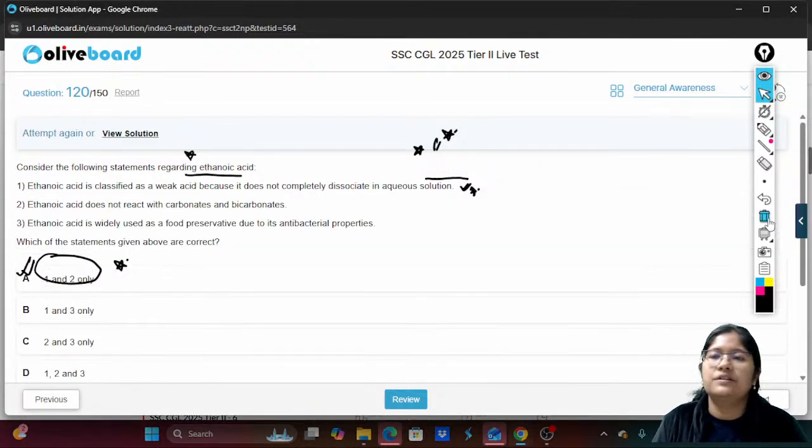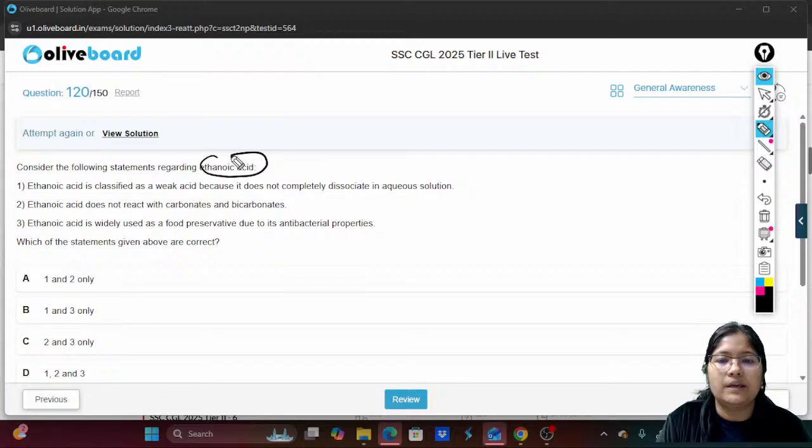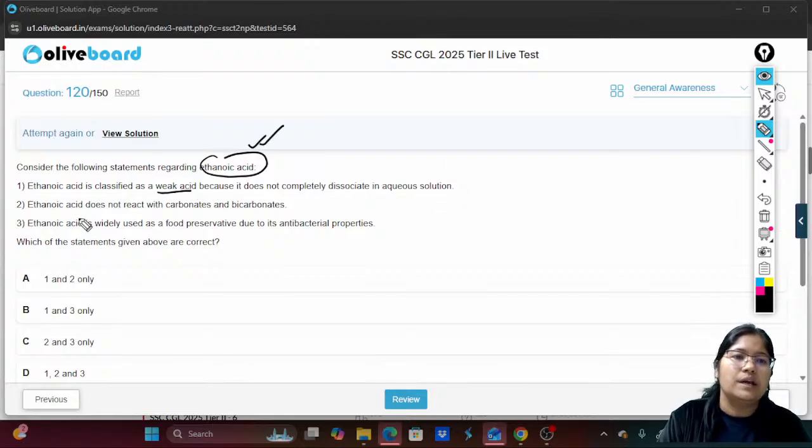Consider the following statements regarding ethanoic acid. Ethanoic acid is classified as a weak acid, yes, because it does not completely dissociate in aqueous solution. Ethanoic acid does not react with carbonates and bicarbonates, but ethanoic acid will react with carbonates and bicarbonates.